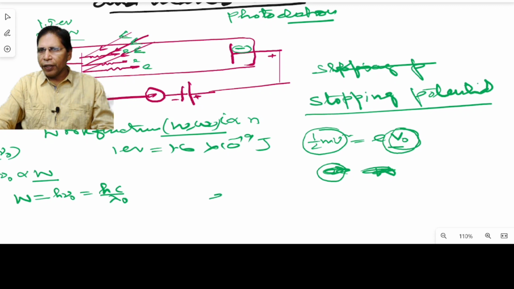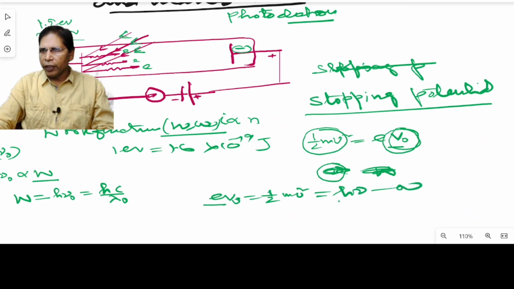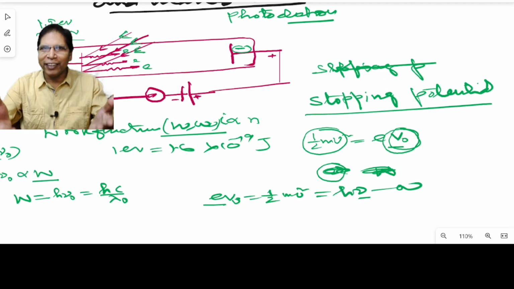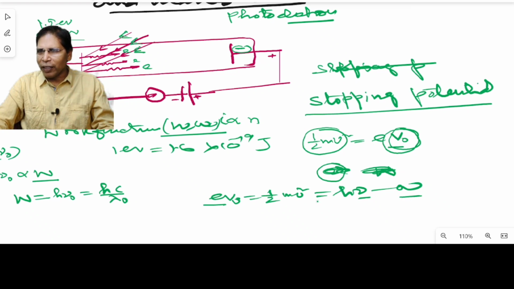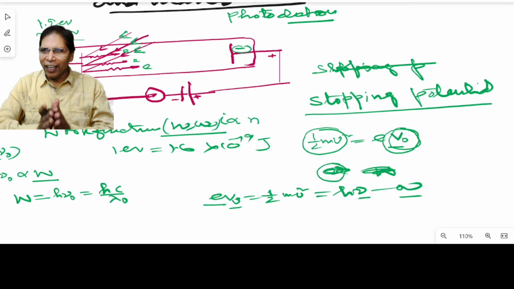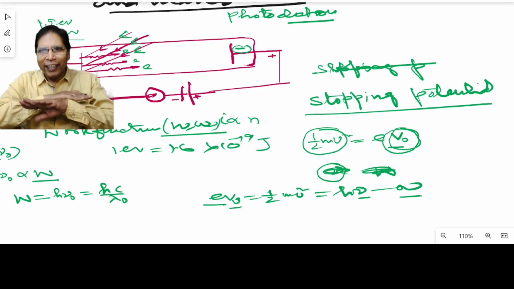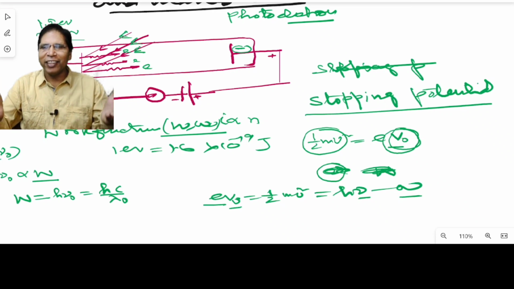Actually, e V naught equals half m v square, which equals h nu minus W. So from this equation, the greater the frequency of radiation, the greater the stopping potential, and the greater the work function, the smaller the stopping potential. Understood? Therefore, stopping potential depends only on the frequency of radiation and work function. It does not depend on intensity of radiation.